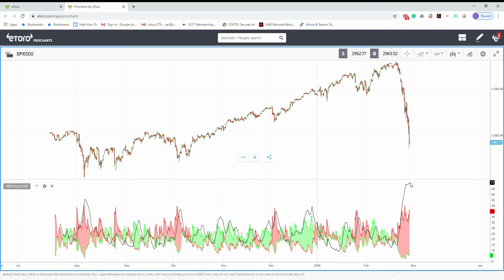As you can see, we have a black ADX line, but what does this represent? This represents the strength of your trend.